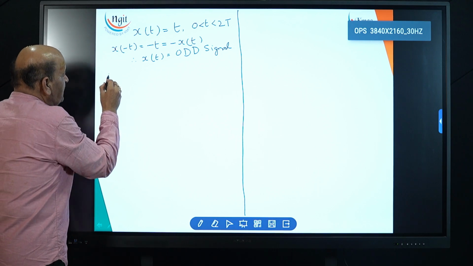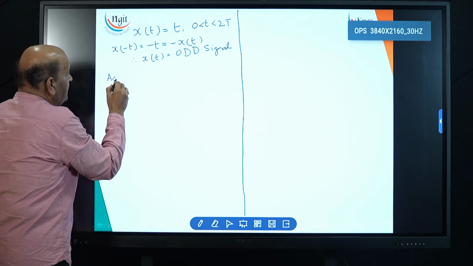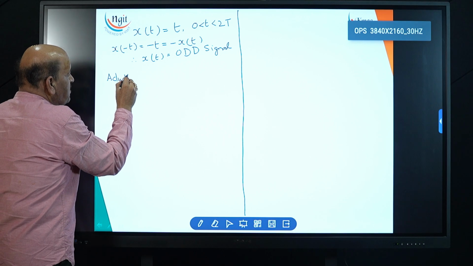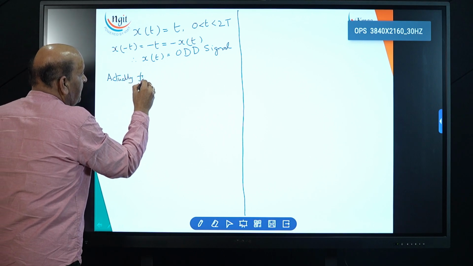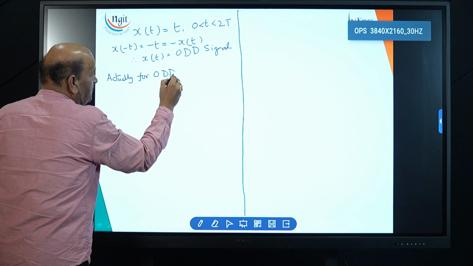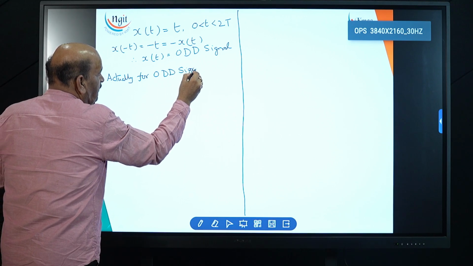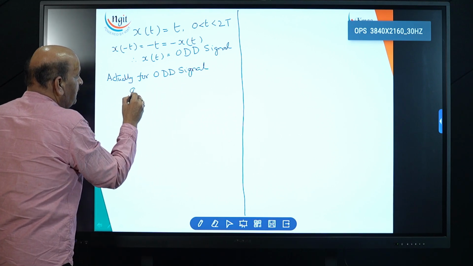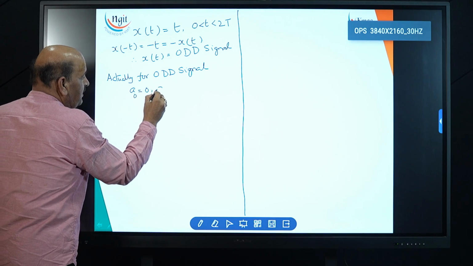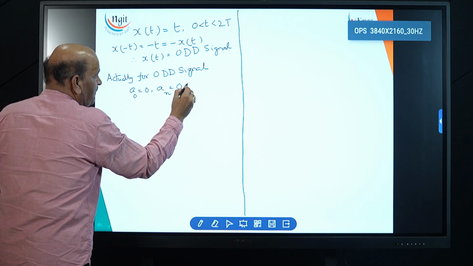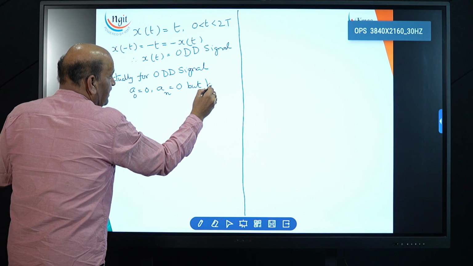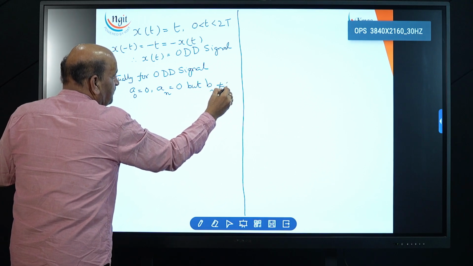Therefore, for an odd signal, what happens? A naught equal to 0, an equal to 0, but bn not equal to 0.